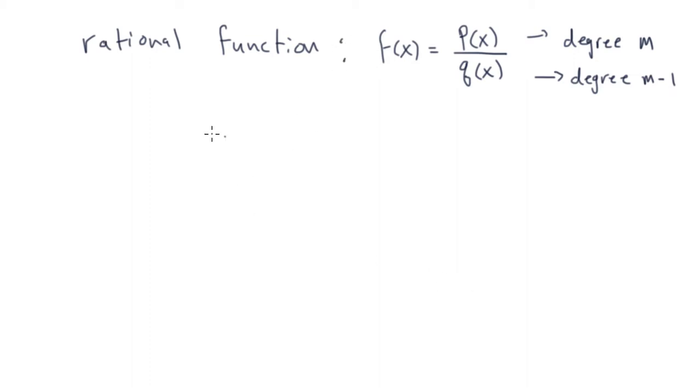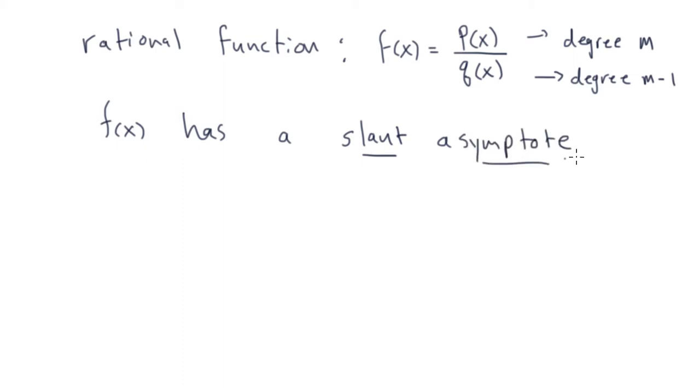So in this case, f of x has what's called a slant, or sometimes oblique, asymptote. And so if you believe the rules on the previous page, this function, because the degree of the numerator is greater, doesn't have a horizontal asymptote.